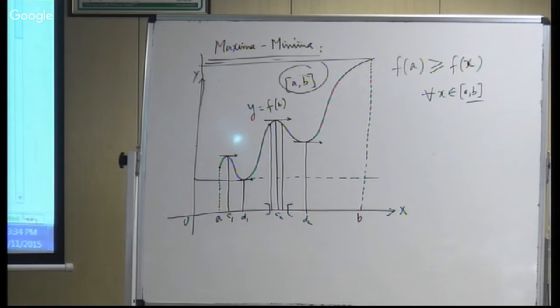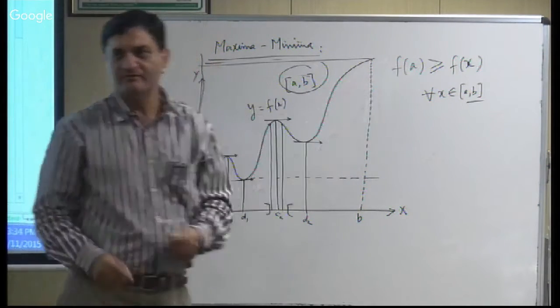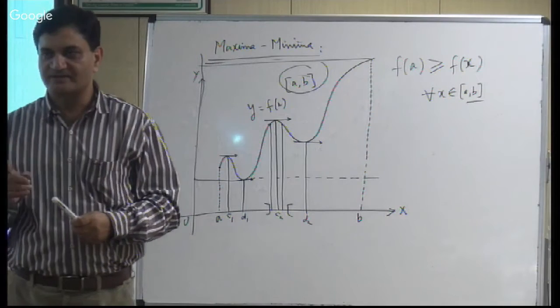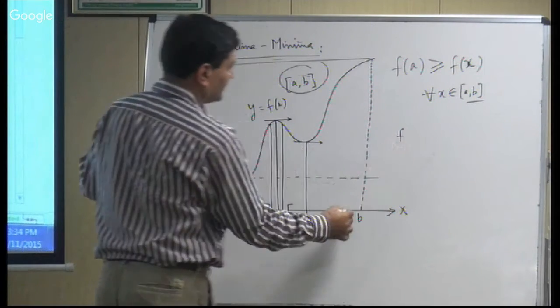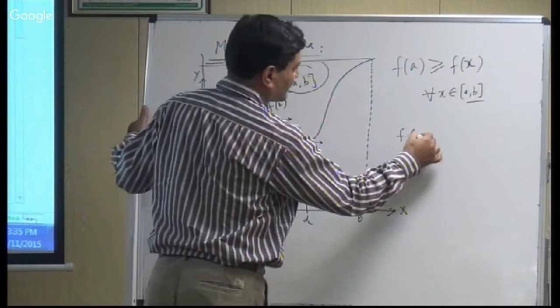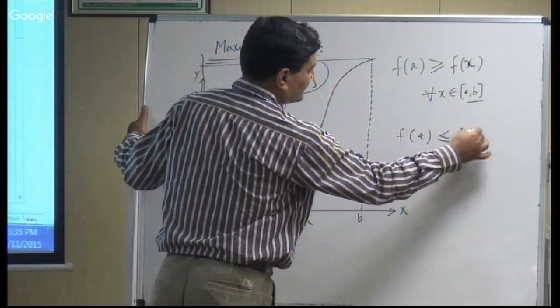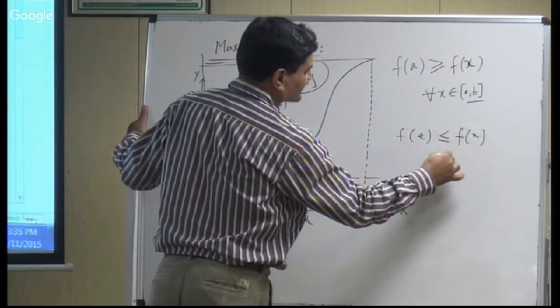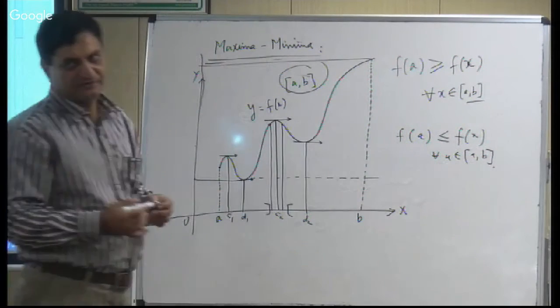Now similarly, x equal to a here is a point of absolute maxima. And what is the point of absolute minima? Like we can say a is a point of absolute minima if f of a is less than or equal to f of x for every x belonging to the interval which we are considering.